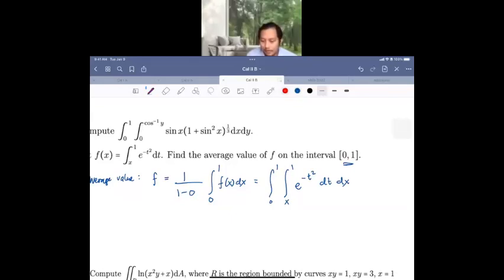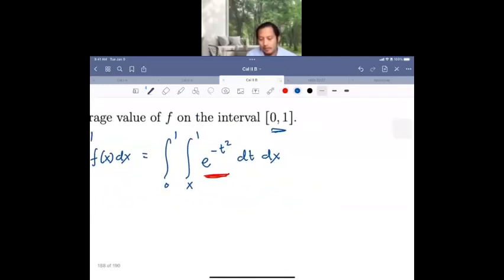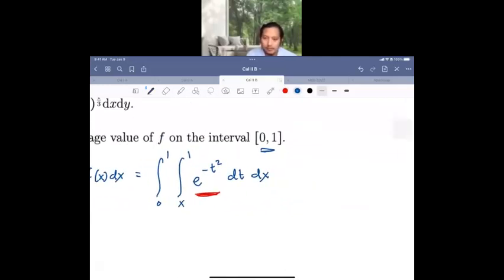Now solve the inside integral, and I think we could just take some guesses because it's just e, so probably t and then negative t squared.